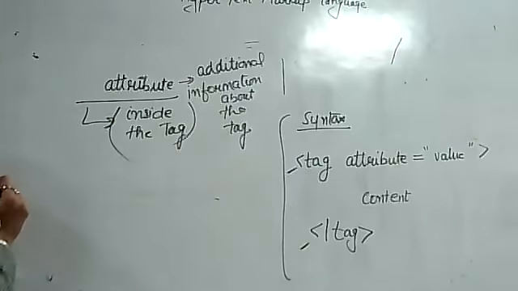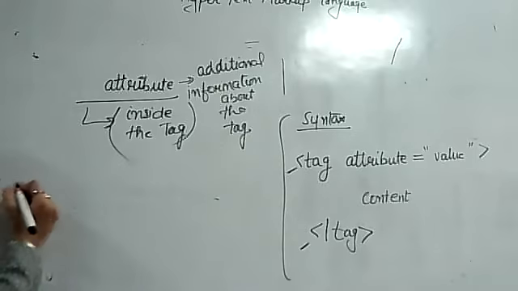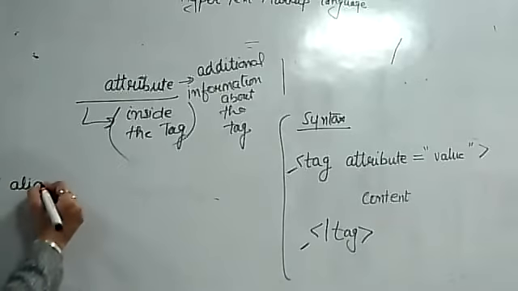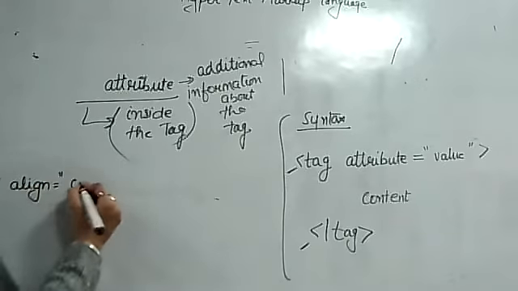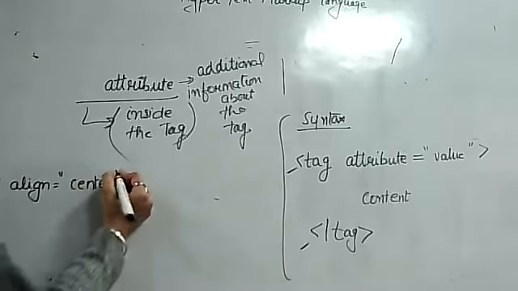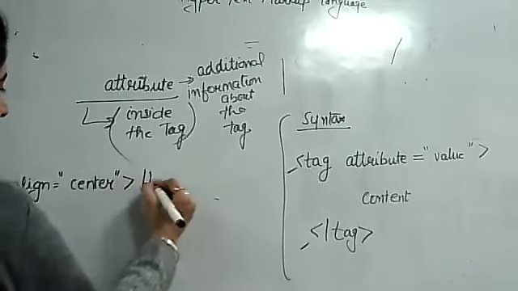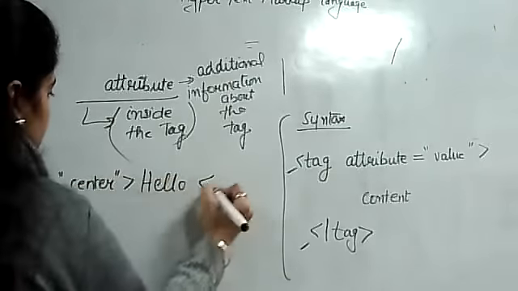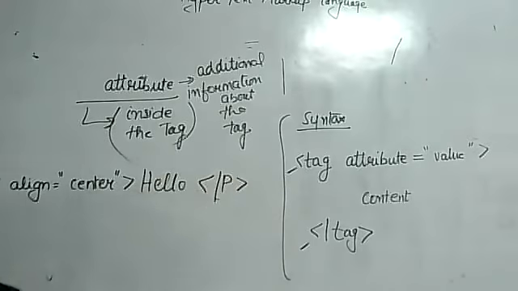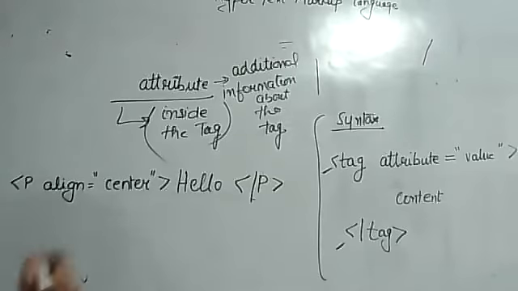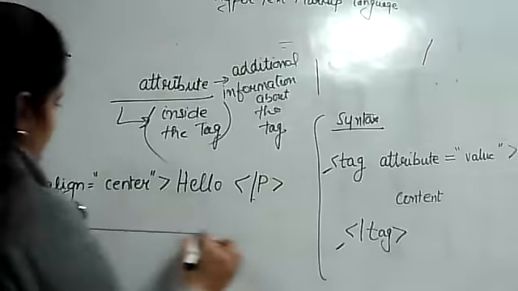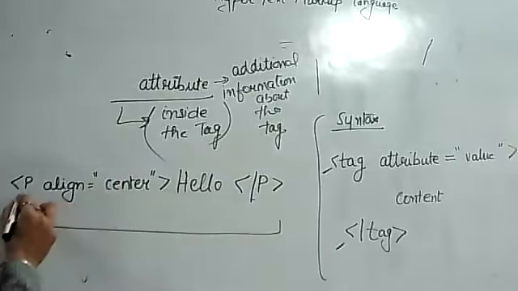Now a simple example. P align equal to center. P tag close. Now this complete thing is called, ये क्या है?